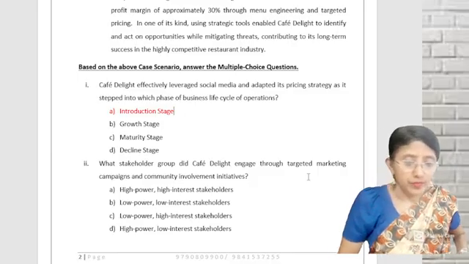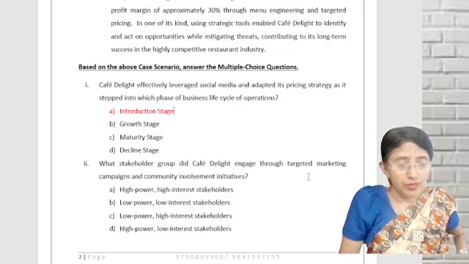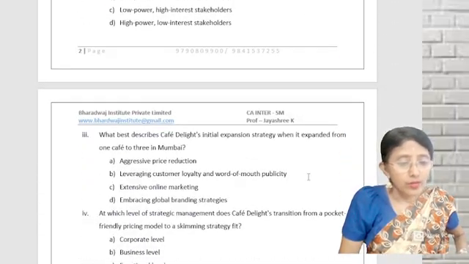Okay, correct. High interest, low power.